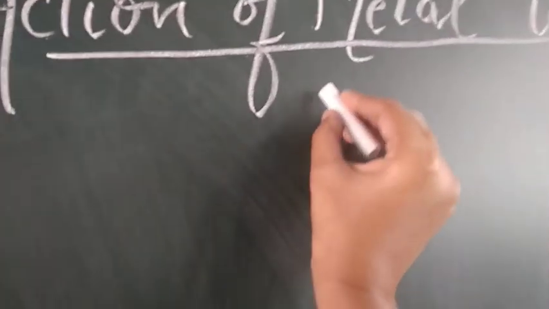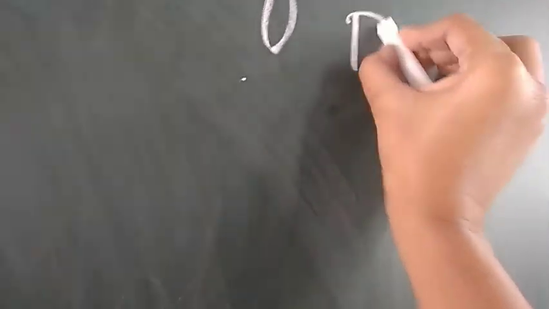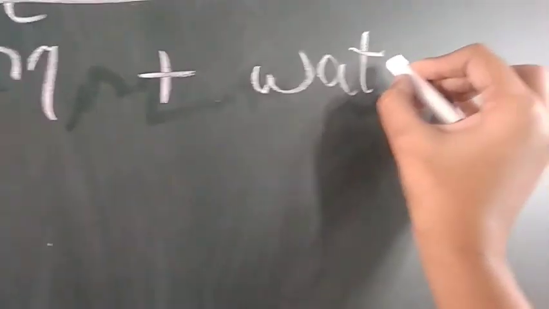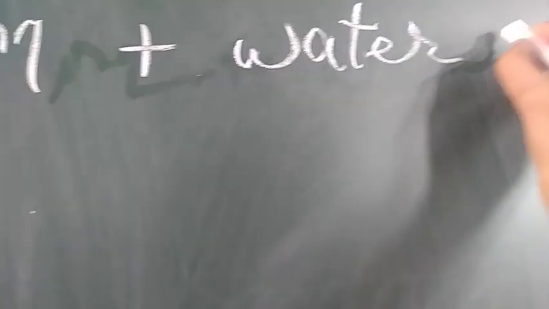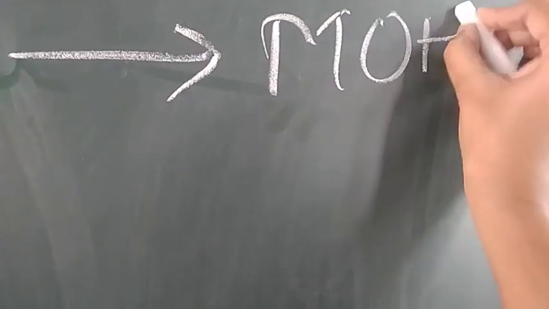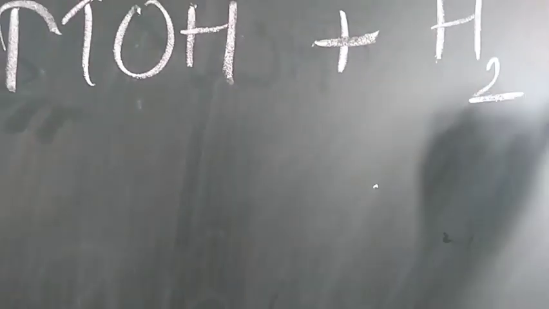The general reaction is: when metal reacts with water, it forms metal hydroxide plus hydrogen gas.